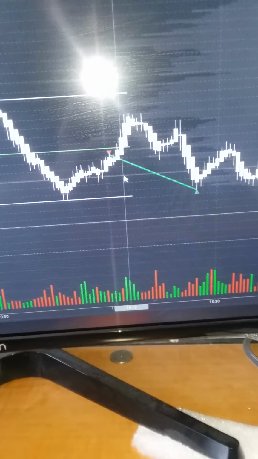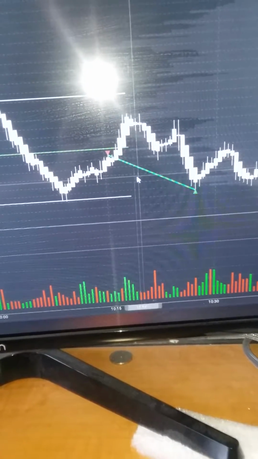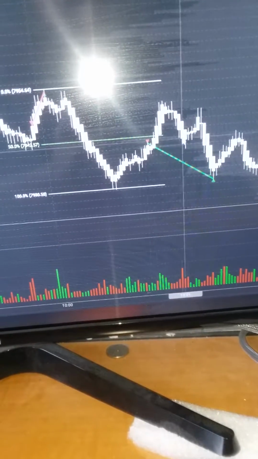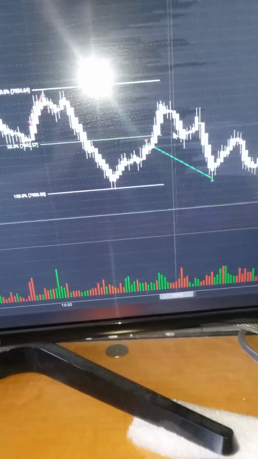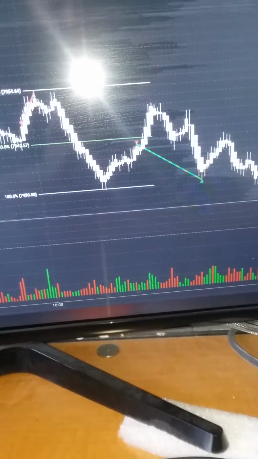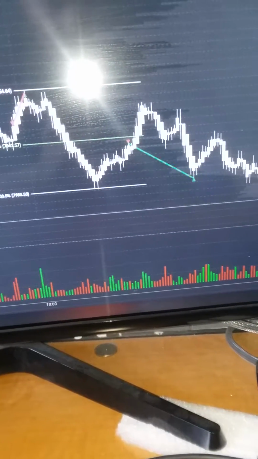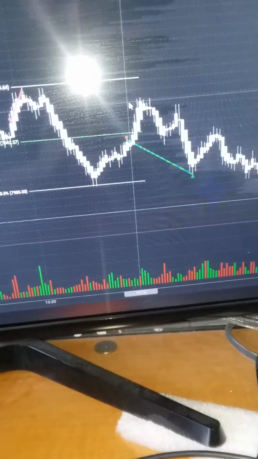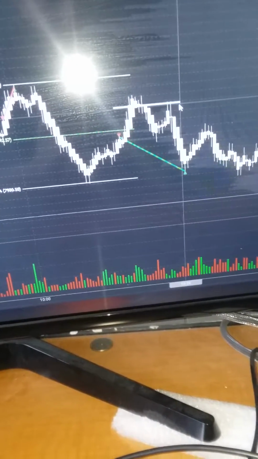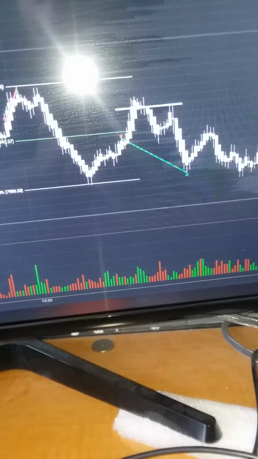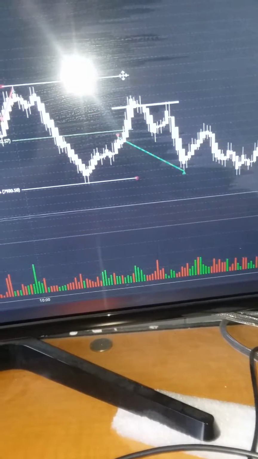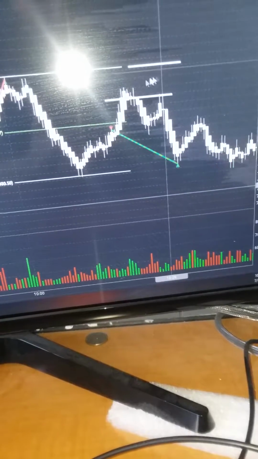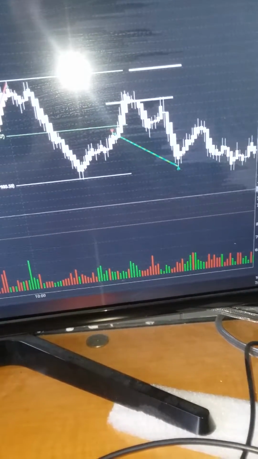But if I had waited till it hit the 50 and then waited for the red volume bar, not only would I have been able to win a lot more on this trade, but I would have decreased risk, because we weren't red until here. So I would have gotten in, let's say here, kept my stop loss at this 0 area, and put my take profit at the 90.